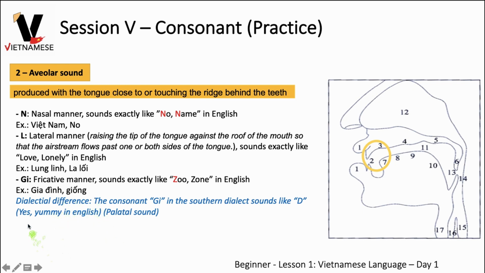But due to the dialectal difference, the consonant z in the southern dialect sounds like y, like yes or yummy in English, and this is a palatal sound in the south. So if I'm a southern person, I would pronounce this one like gia đình, or giống. But please remember that the standard pronunciation of this consonant is still z, like gia đình and giống.